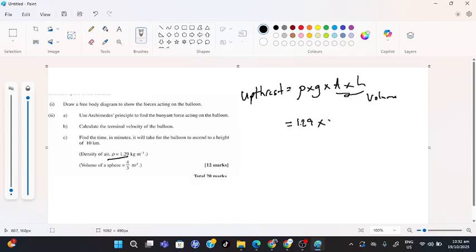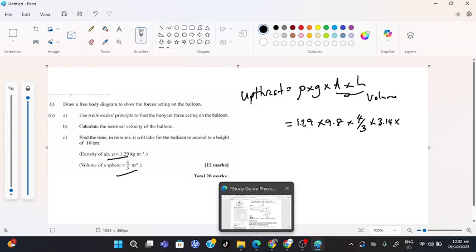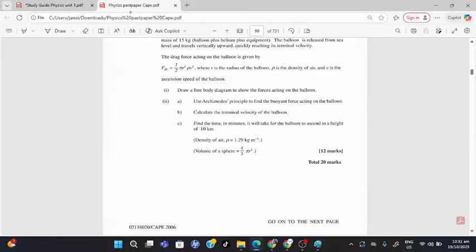We know gravity is 9.8, and we're told volume is 4/3 times pi r cubed. I'm getting this from here. What's r? Let me double check what's r. We're told the radius.